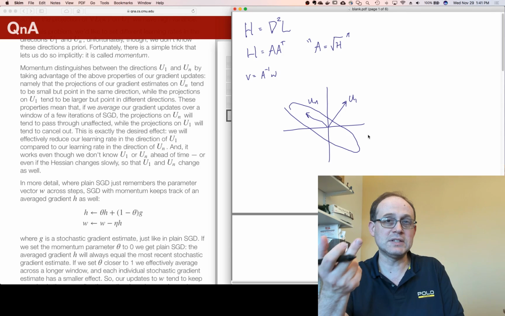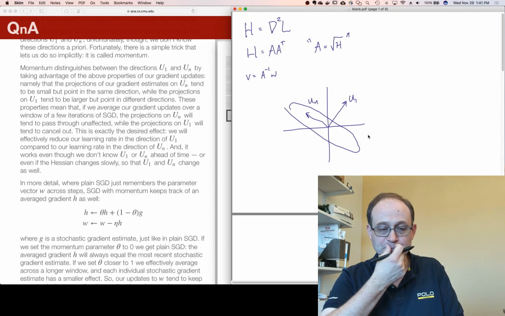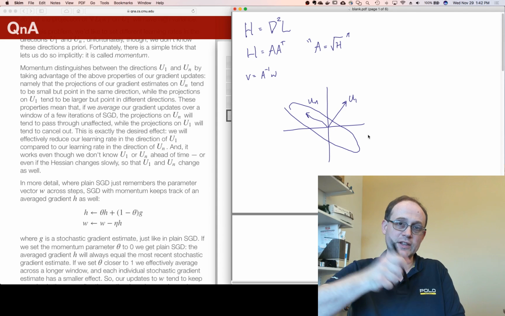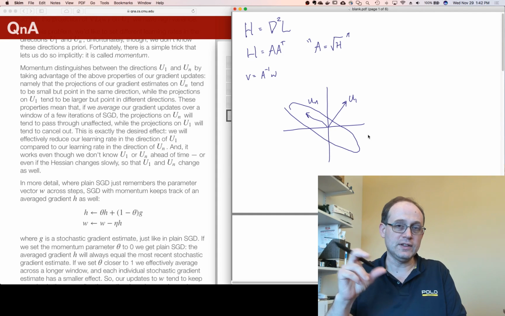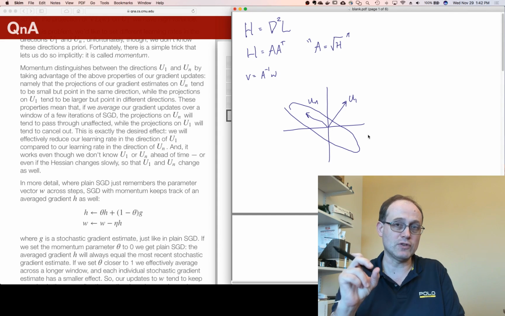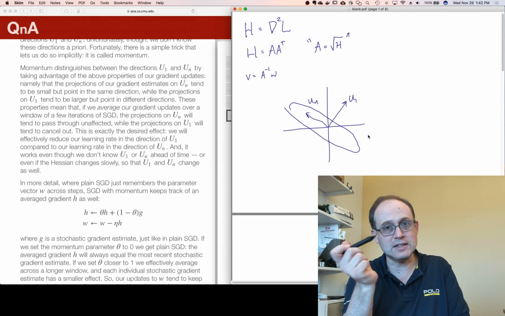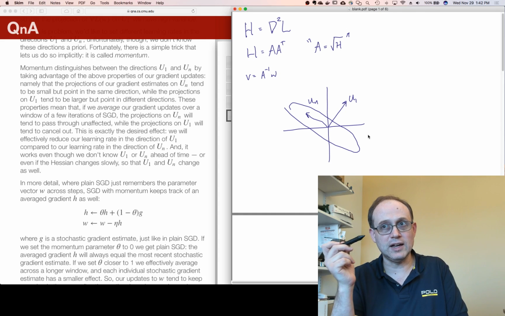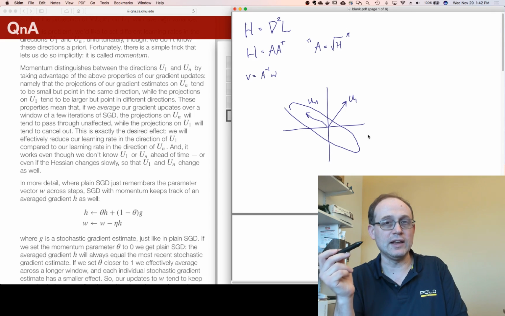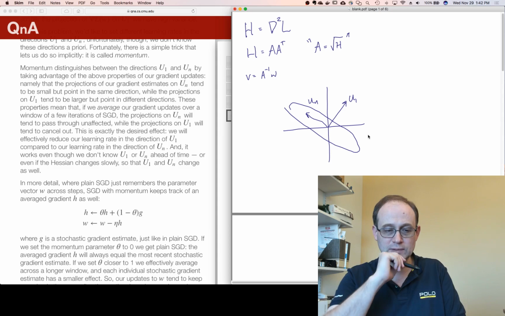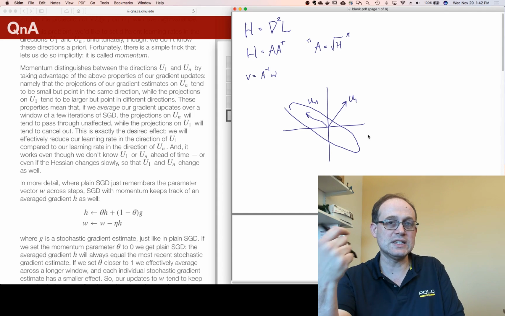We're going to average them together over a window of iterations. If there's a direction where the gradients are flipping back and forth a lot, they'll tend to average out and we'll get a small average gradient. And if the gradients always tend to keep pointing in the same direction, they're going to reinforce each other and point in that direction without getting smaller. So if we use this averaged gradient, it's going to cause us to make faster progress in any direction where our gradients are consistent, and it's going to slow down our progress in any direction where our gradients are inconsistent.